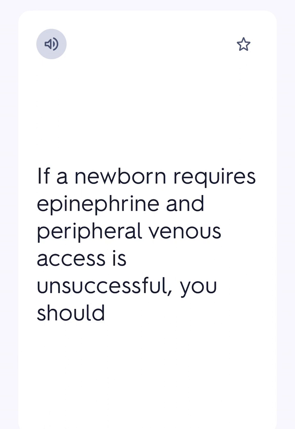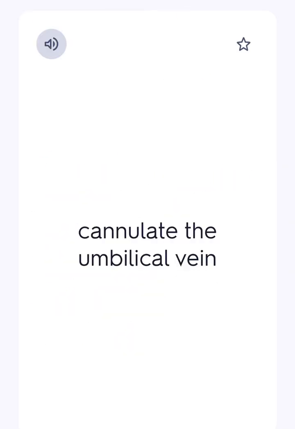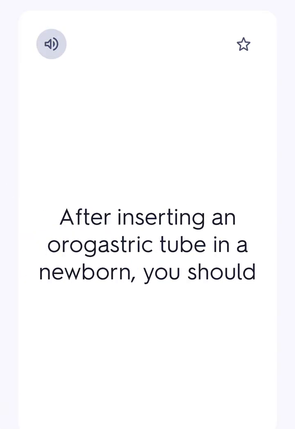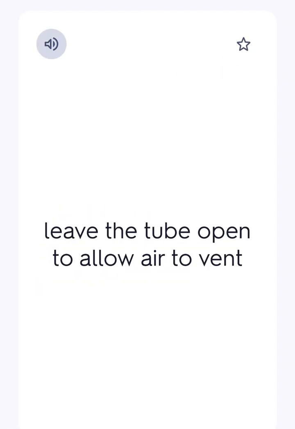If a newborn requires epinephrine and peripheral venous access is unsuccessful, you should cannulate the umbilical vein. After inserting an oral gastric tube in a newborn, you should leave the tube open to allow air to vent.